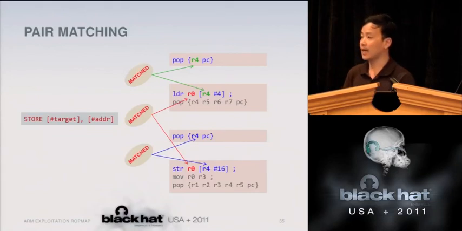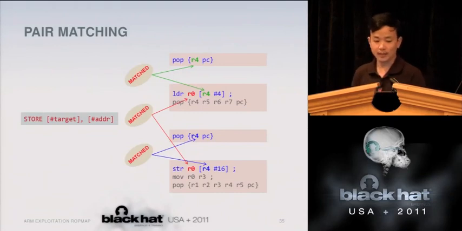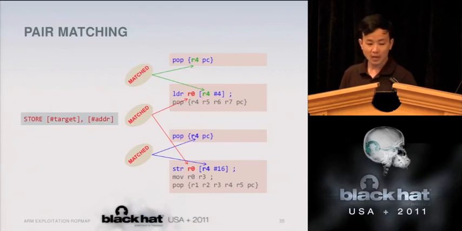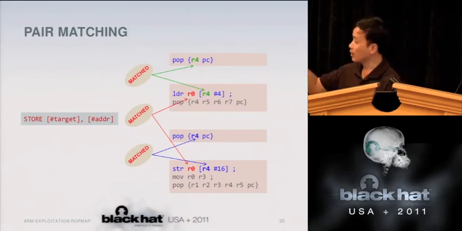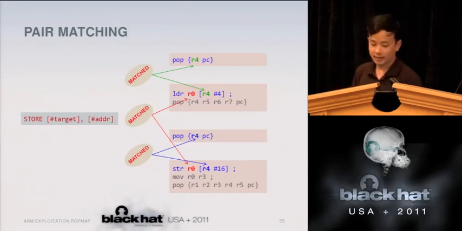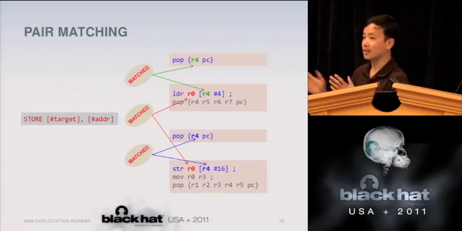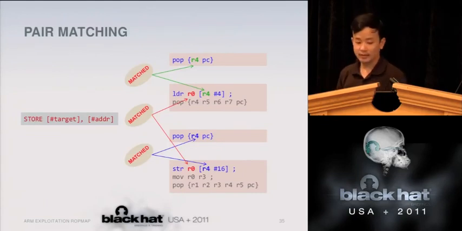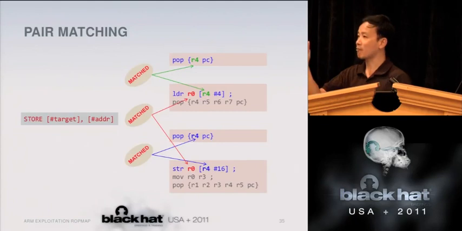And in our candidate list, we find another gadget, pop R4 PC. So we know that we have to load the target value to register R4. We match those two gadgets in a pair. R4 plus 16 will be matched with R4 in the previous instruction. So we have the first pair match.